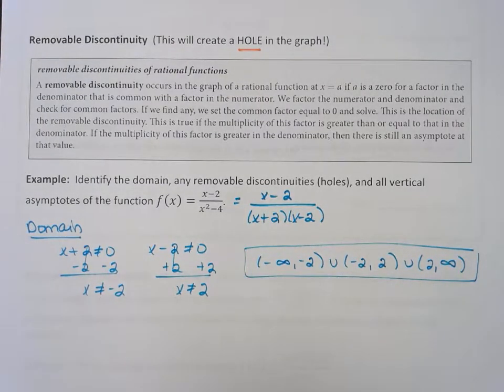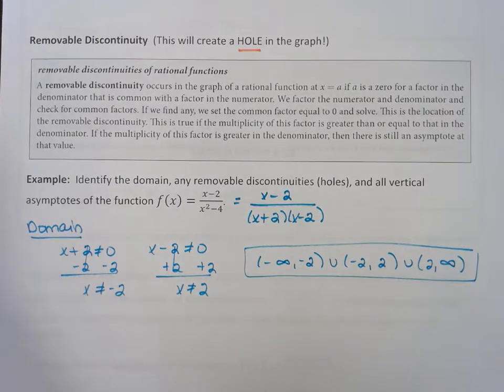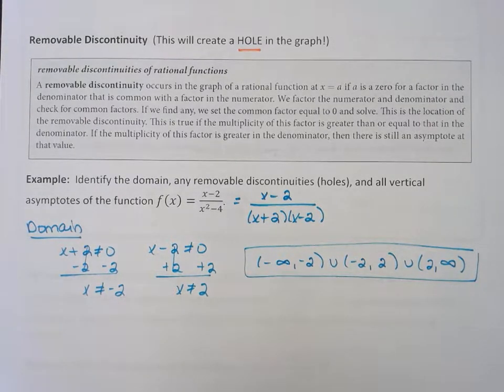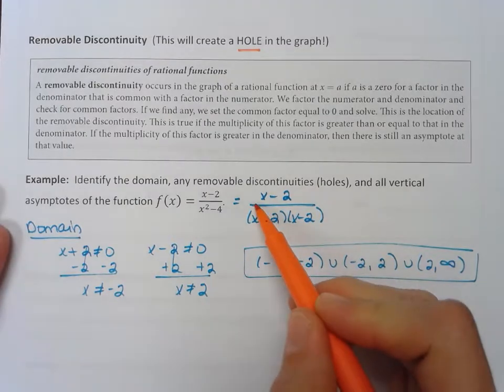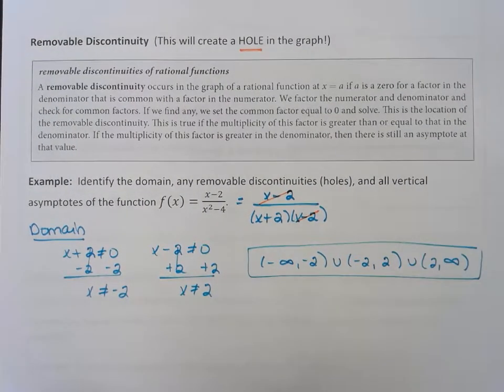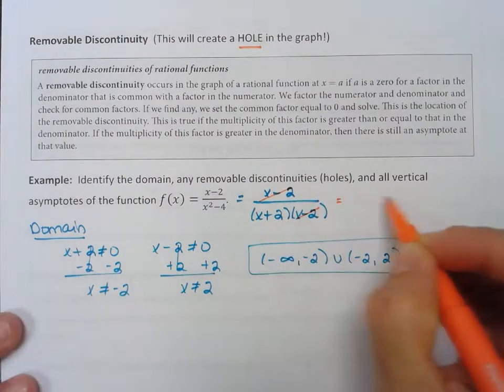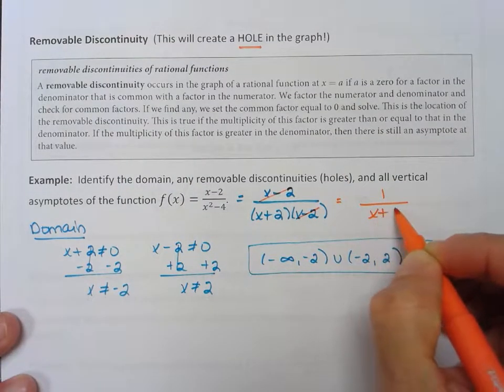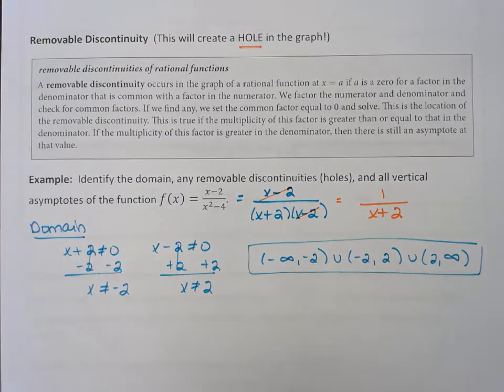Well, if you'll notice, after we find the domain, we look at discontinuities. If you reduce this, these two go away, and you end up with 1 over x plus 2, right? That does not affect your domain. You get your domain from the original function.